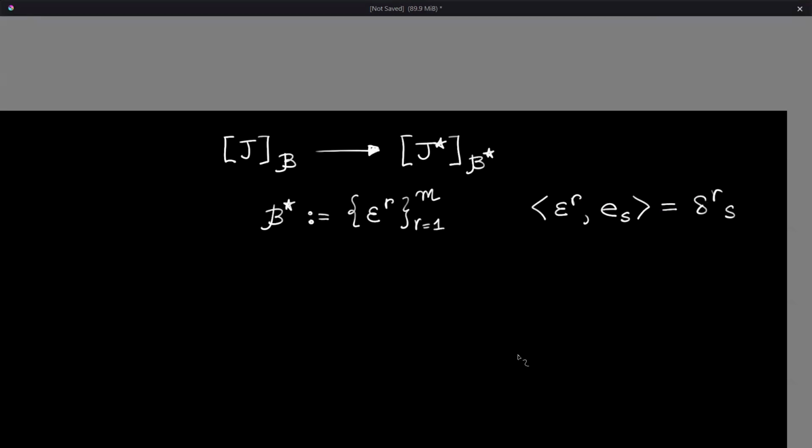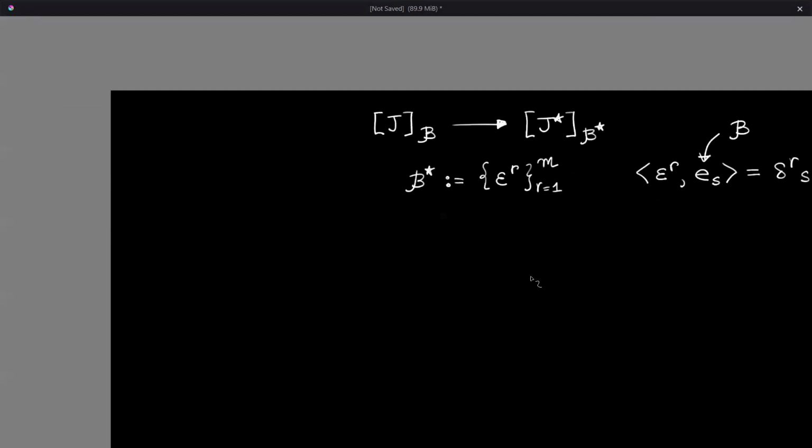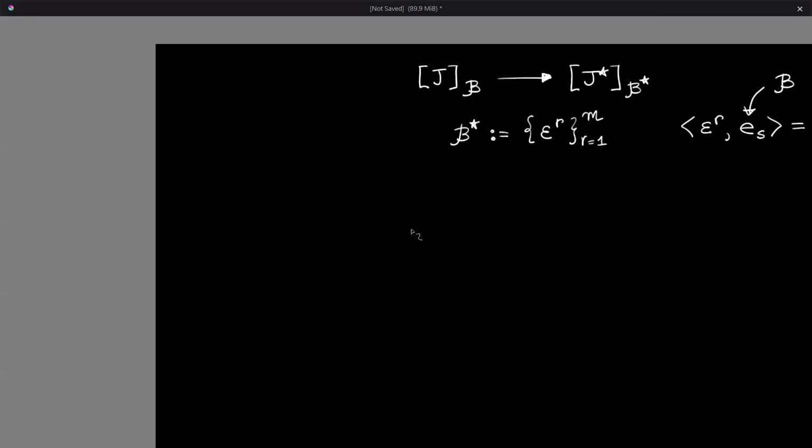So this is the dual basis of the basis that we were using, these are the basis vectors from B. So that's B star, the dual basis to B. So what we're going to show is that J star is the transpose of J.